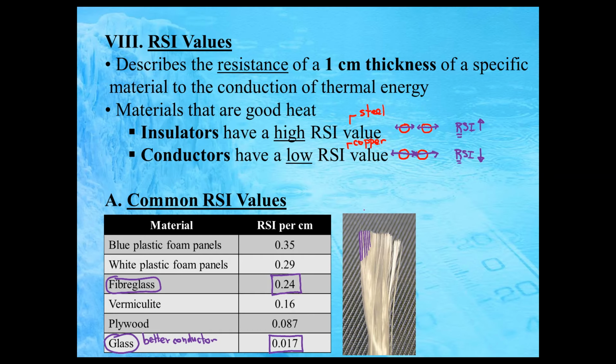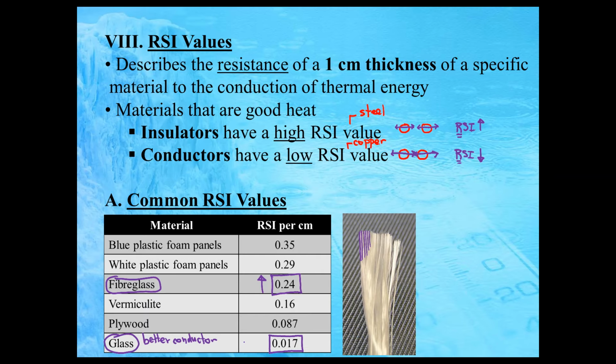Again, don't do it. However, why do we put fiberglass in the basement? Because it has a higher RSI value. High RSI value means that it's good at resisting thermal energy transfer. Again, we want to keep as much thermal energy as we can inside of our homes, and thermal energy is always trying to escape.